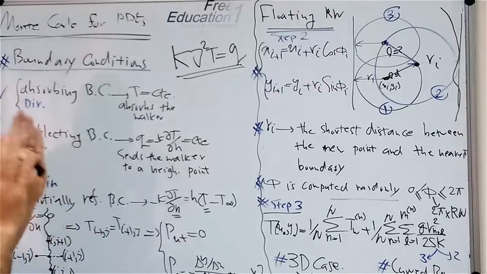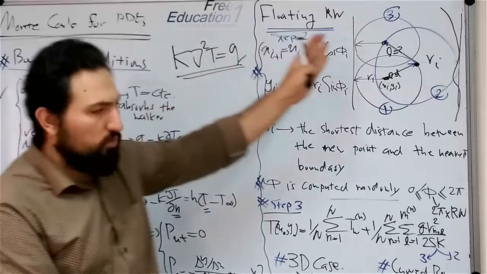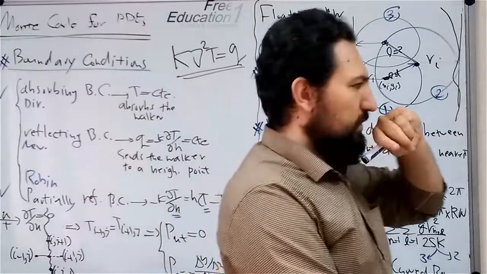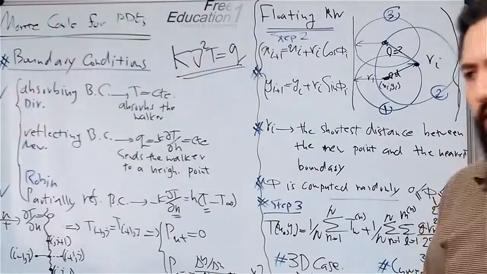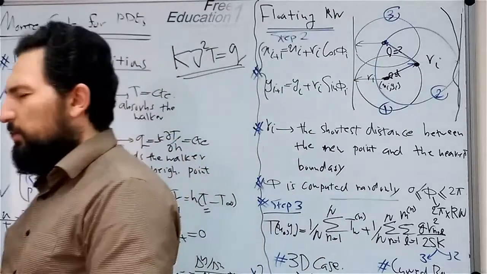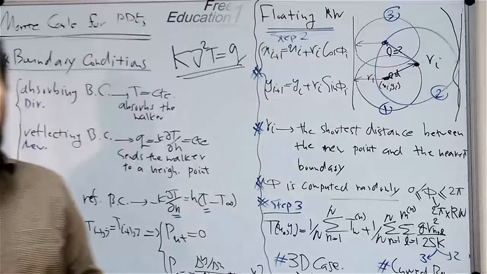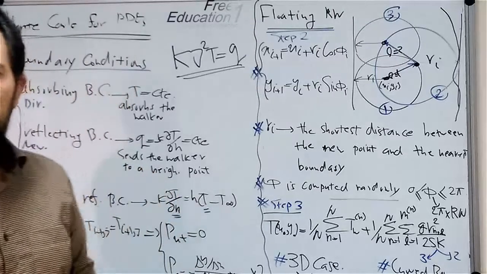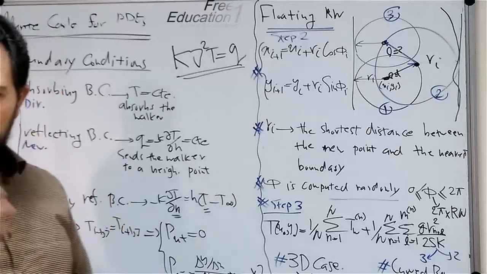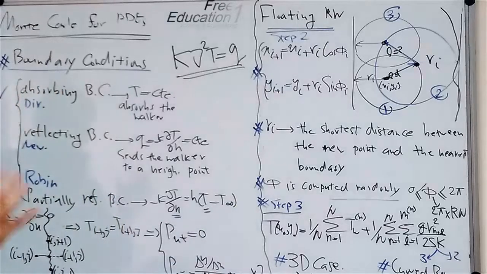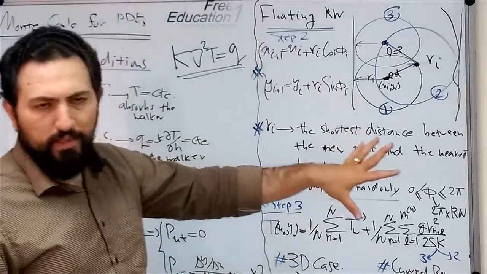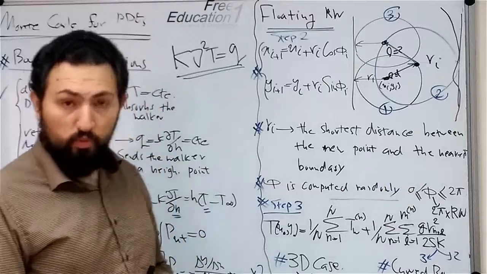I will briefly introduce the floating random walk process here, and for more details about this type of random walk process, you can read Chapter 8 of the Numerical Heat Transfer Handbook, which is devoted to the different Monte Carlo methods for the heat equation or heat transfer problems. In that reference, Chapter 8, this floating random walk process has been explained in more detail.